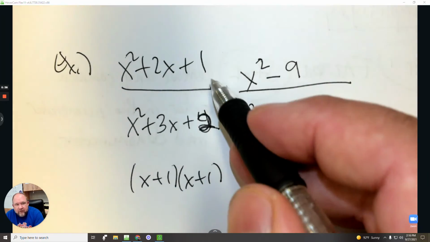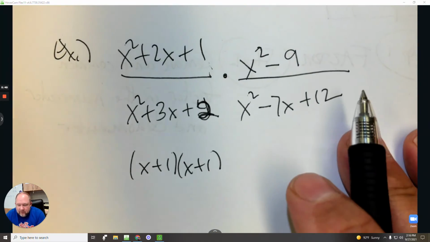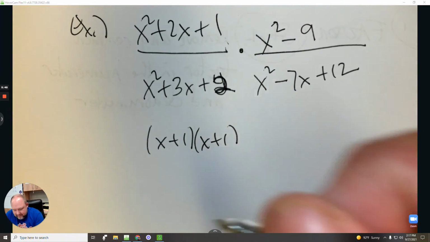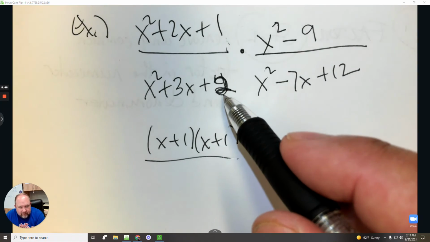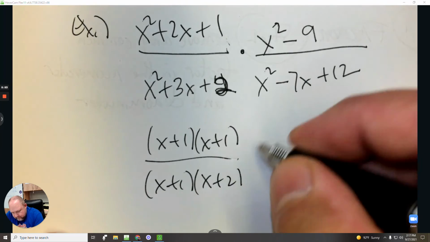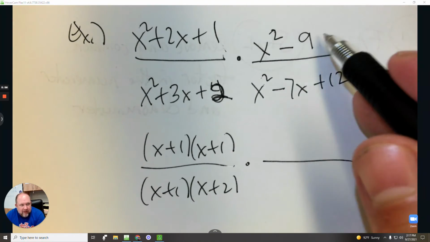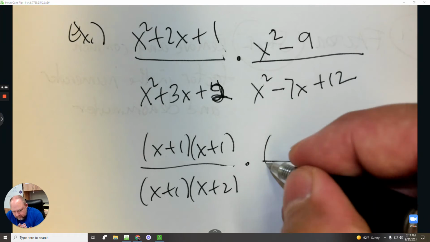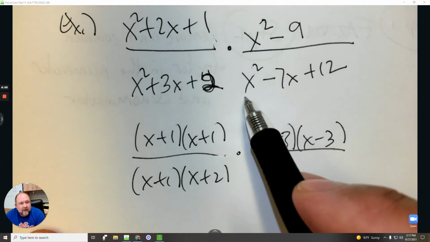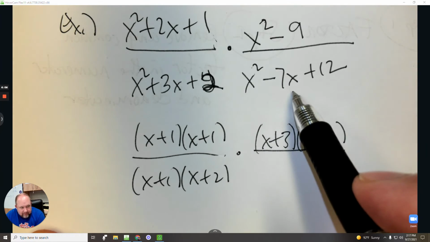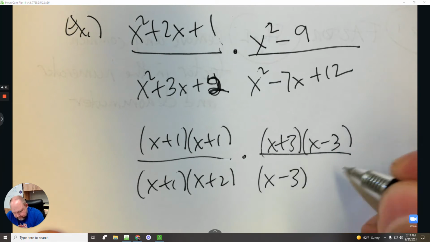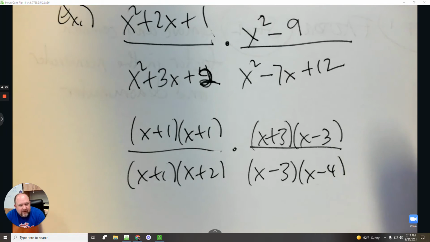So what two numbers multiply to 1 and add to 2? And I'm not going to write it as squared because it'll be easier to simplify to put them in this form instead. What two numbers multiply to 2 and add to 3? x squared subtract 9 is called a difference of squares. Here, in the bottom of the fraction, what two numbers multiply to 12 and add to -7?